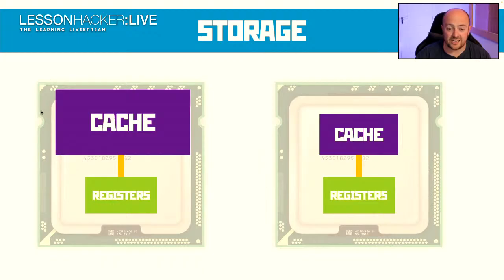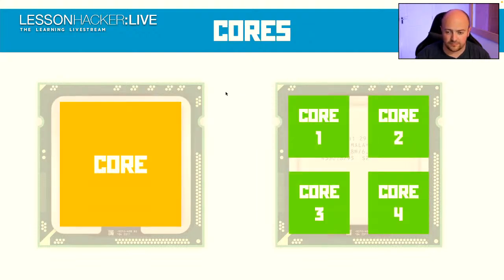If we've got a big cache, we'll be able to store more of those more recently used instructions and pull them into the register a bit faster. If we have a small cache, there will be fewer of those more often used instructions available to the register, and it won't be able to find them as often. That's called a cache miss. And if there's a cache miss, we have to go out to the next level of memory to get the instructions.